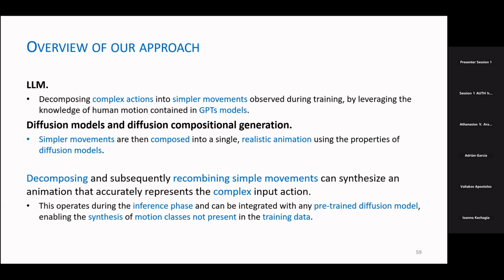The generation is based on a diffusion model, and another problem that we faced and solved with this work is that of combining the output of different diffusion models. Once we have divided the complex action into simpler ones, we can generate the simple animations, but then we have to compose them.